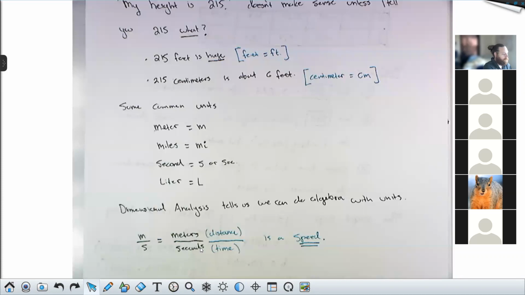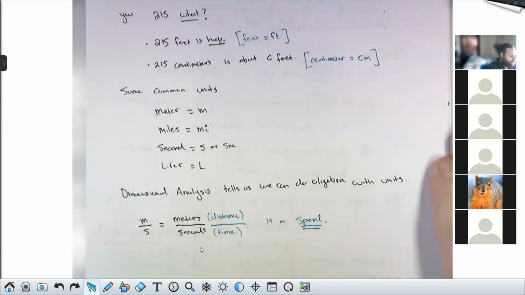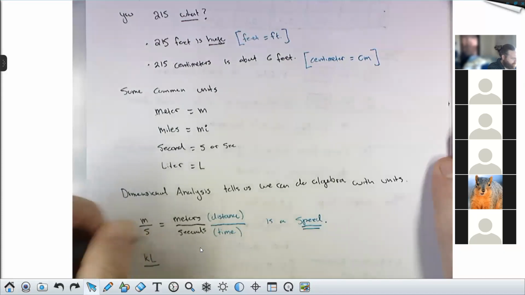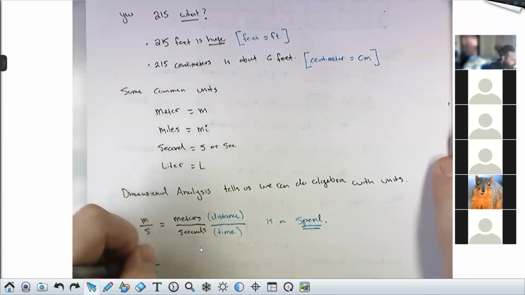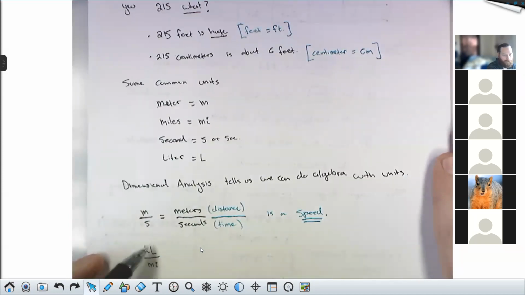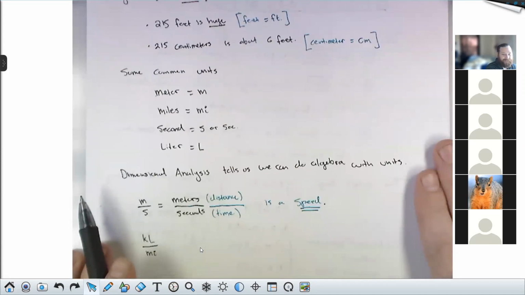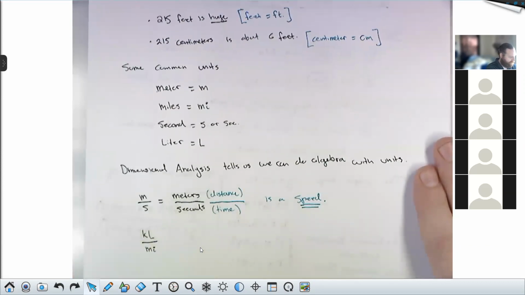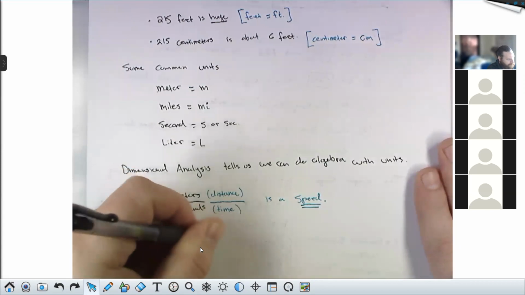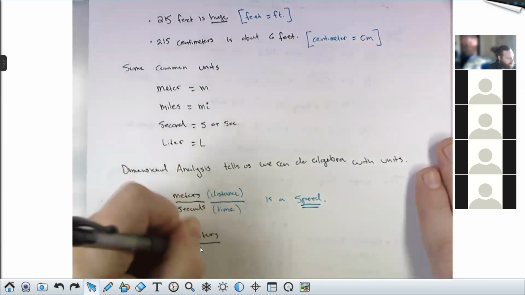Or I could talk about the units of kiloliters. The prefix K stands for kilo or 1,000 of, like km is kilometer. KL would be kiloliters. This would be kiloliters per mile.